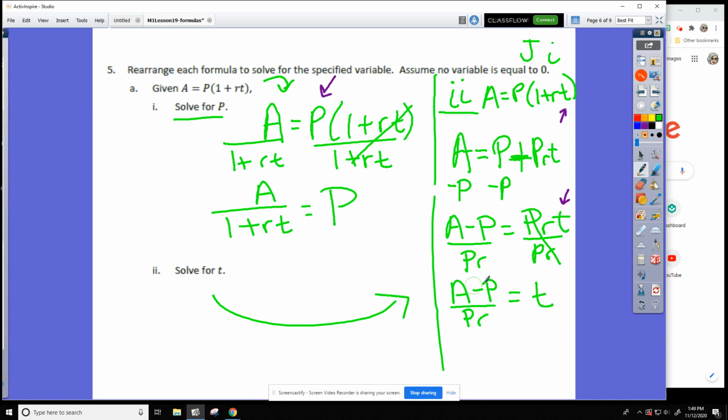Now, sometimes when there's subtraction and you're dividing by the same thing, you have to make sure this is a denominator for both. So sometimes something like this, you'd see A over PR minus the P's would cancel, but you're always left with the 1.